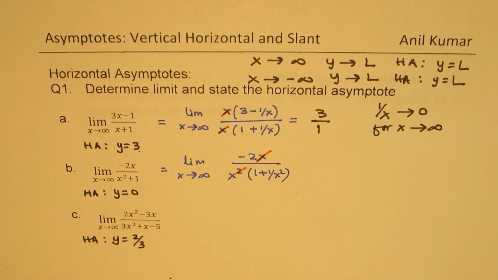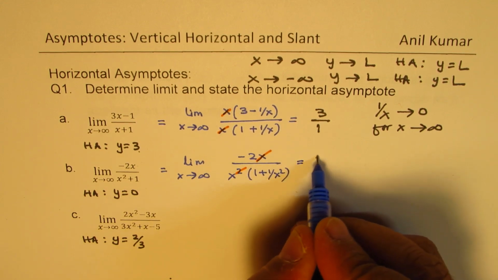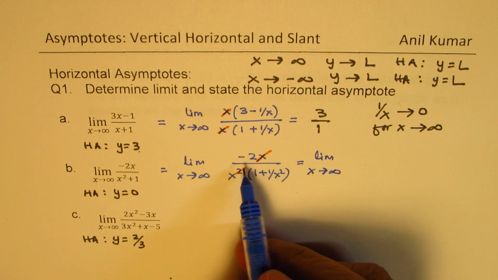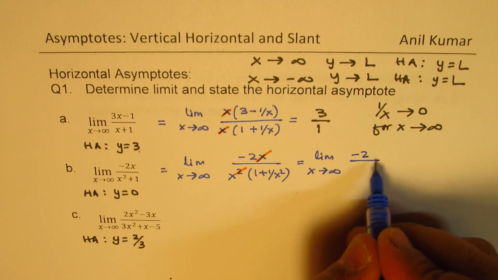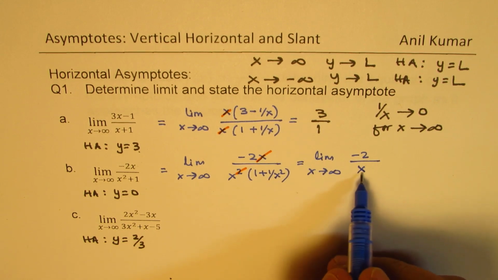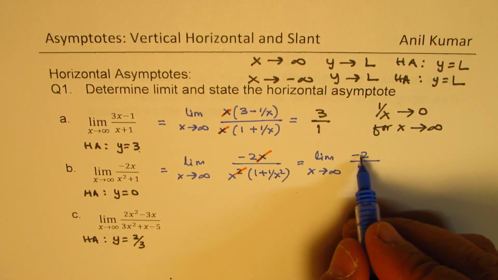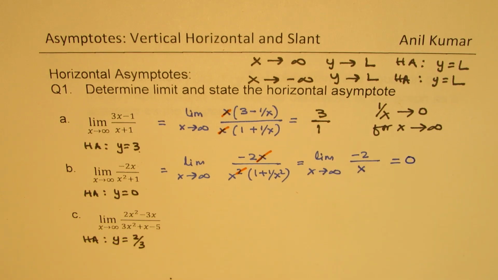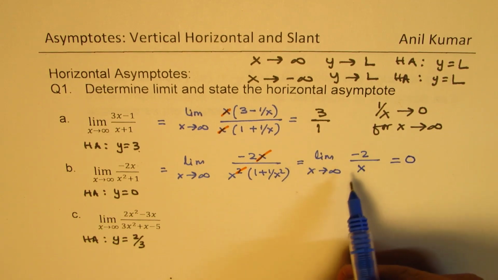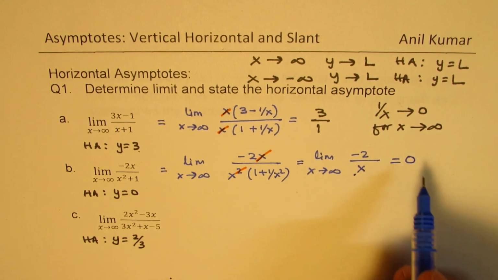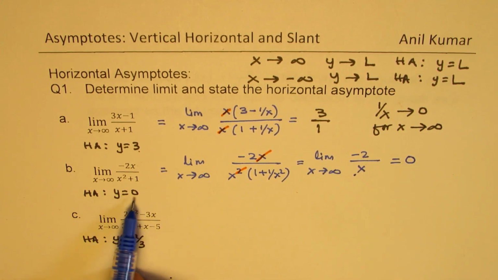So this could be written as limit x approaches infinity of minus 2 over x, since that becomes very small, and this also approaches 0. You get the idea, right? So when x is very large, it will approach 0, and therefore y equals 0 becomes the horizontal asymptote.